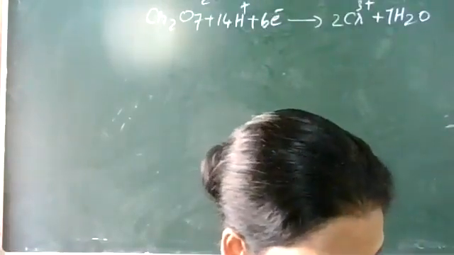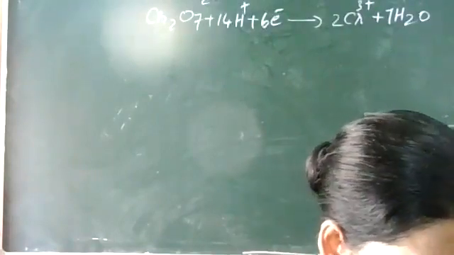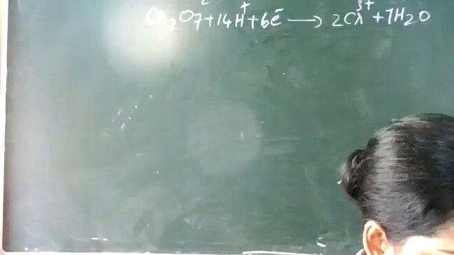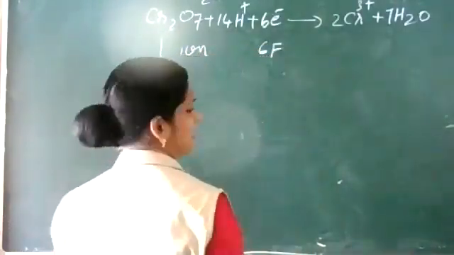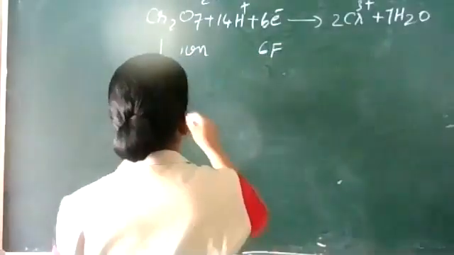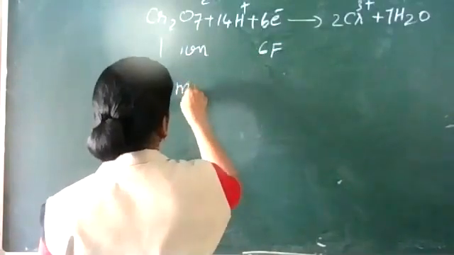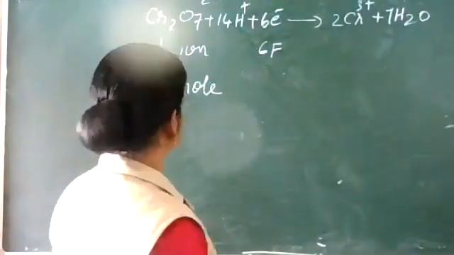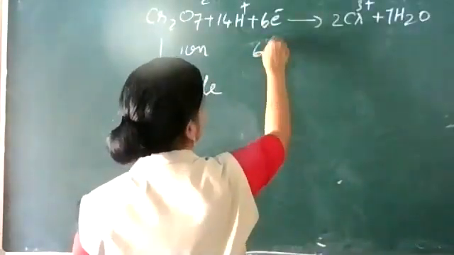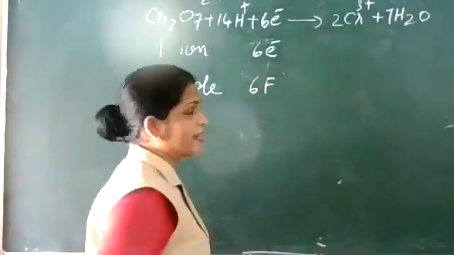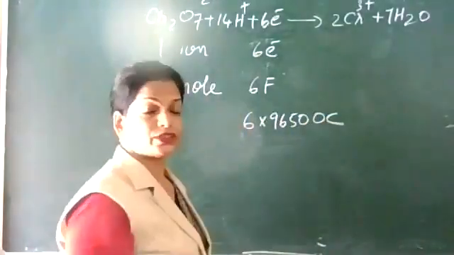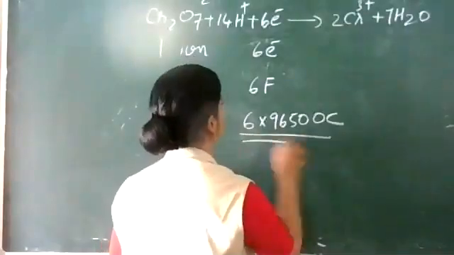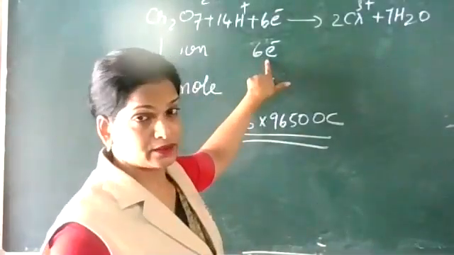See, one ion requires 6 electrons, so 1 mole requires 6 farad. 6 farad means 6 into 96,500 coulombs. This is the dichromate ion, Cr2O7 2-. One ion requires 6 electrons.